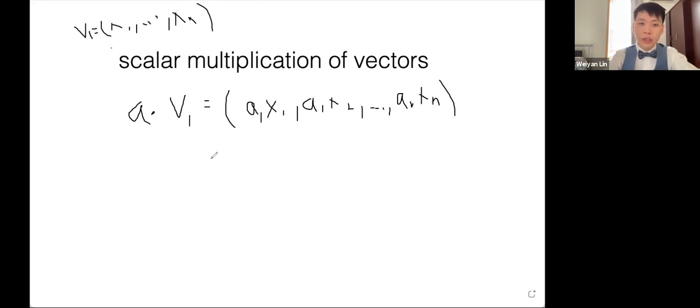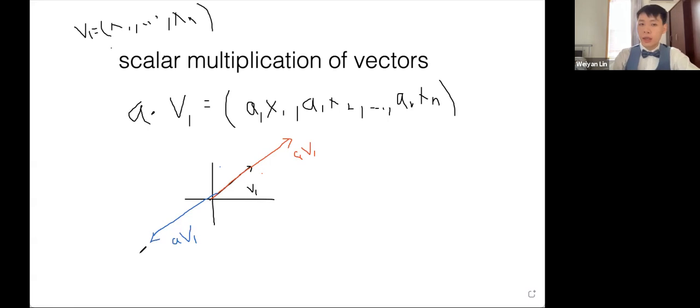Geometrically, what it means is that you keep the direction of v1, but you change the length of v1 if the scalar is positive, or sometimes if it's negative, you even change it to the opposite direction. But the important part is they point in the same direction or the exact opposite.